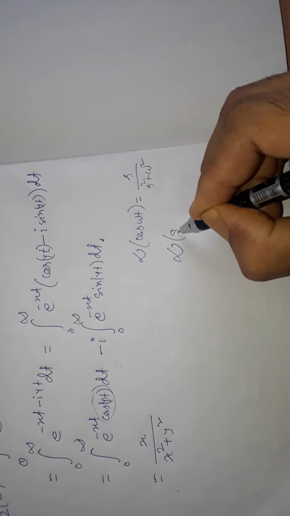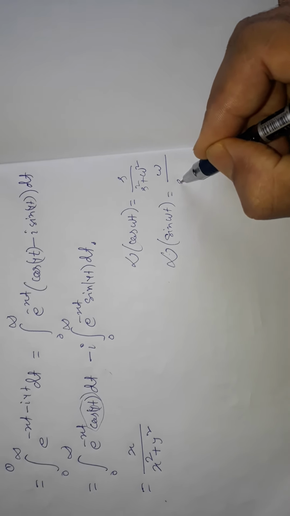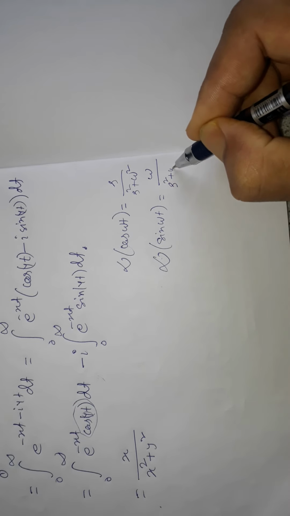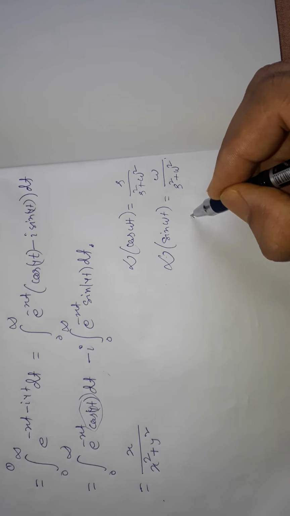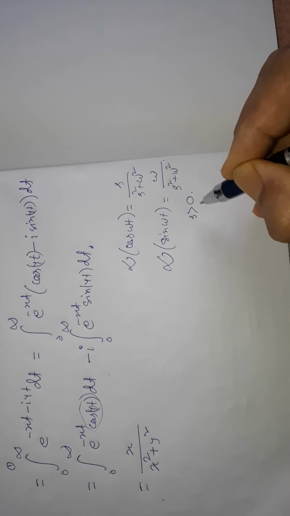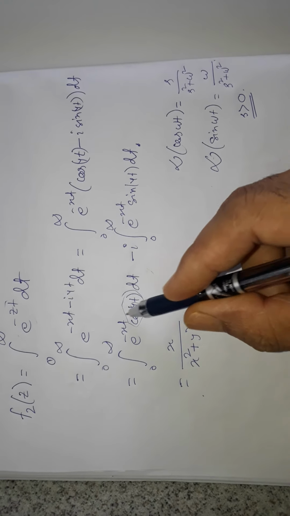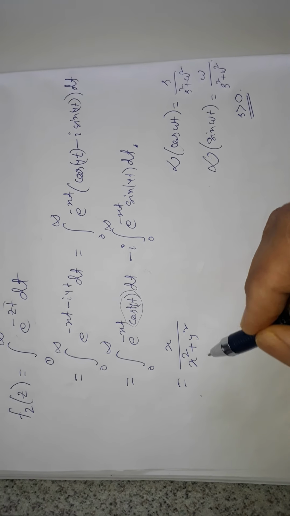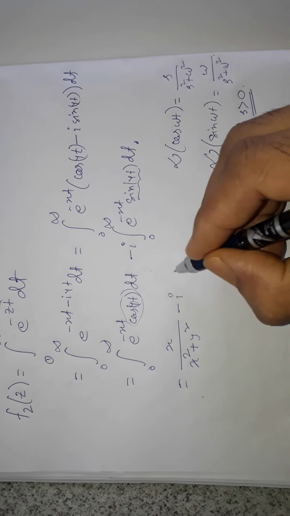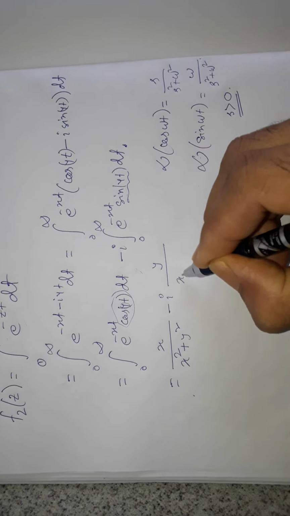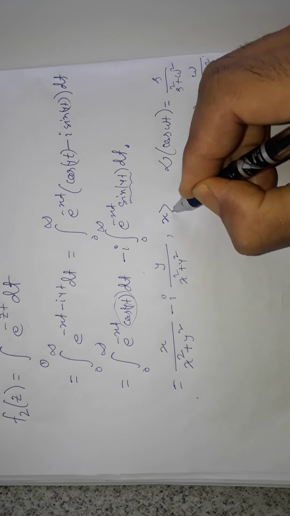Similarly, the Laplace transformation of sin omega t is omega by s square plus omega square, and this exists when s is greater than 0. So here for x greater than 0 this Laplace transformation exists, and there is the i, and because it is the Laplace transformation of sin yt, I have y by x square plus y square, and this is valid for x greater than 0.